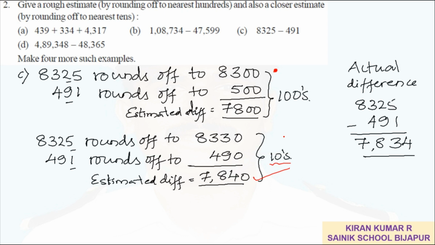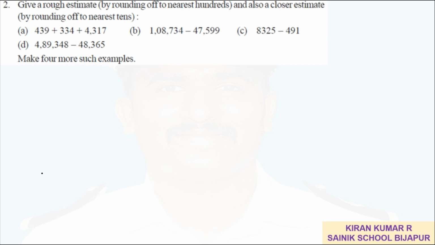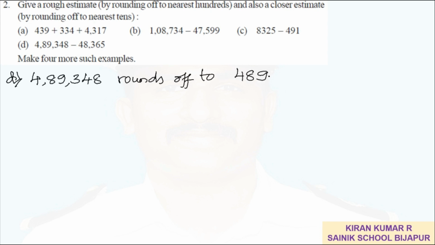Let's solve the last one, question D. 4,89,348 rounds off to 4,89,300. We are looking at the tens place. The next number is 48,365.